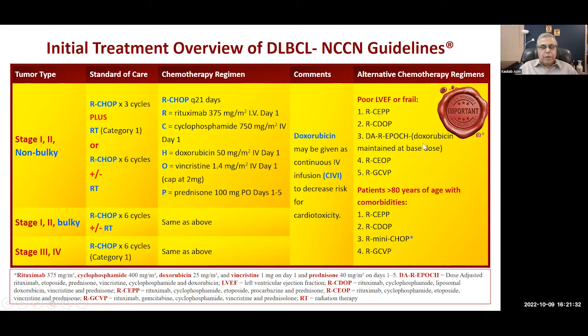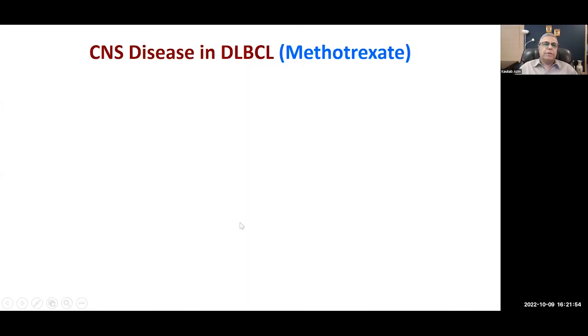But you have to take into account that doxorubicin can cause acute heart failure, and that could be permanent, irreversible. So you have to be very careful with doxorubicin. Right. And all these acronyms have been explained in the notes below this table.